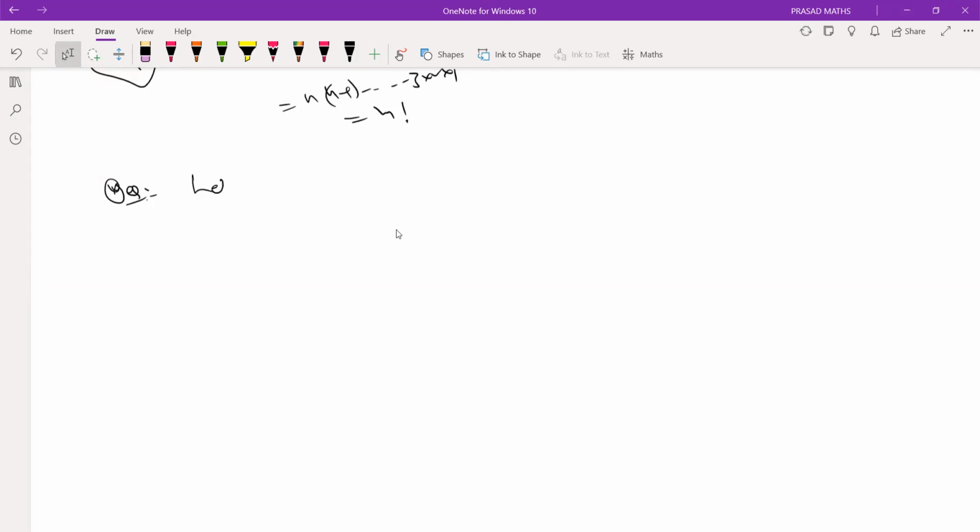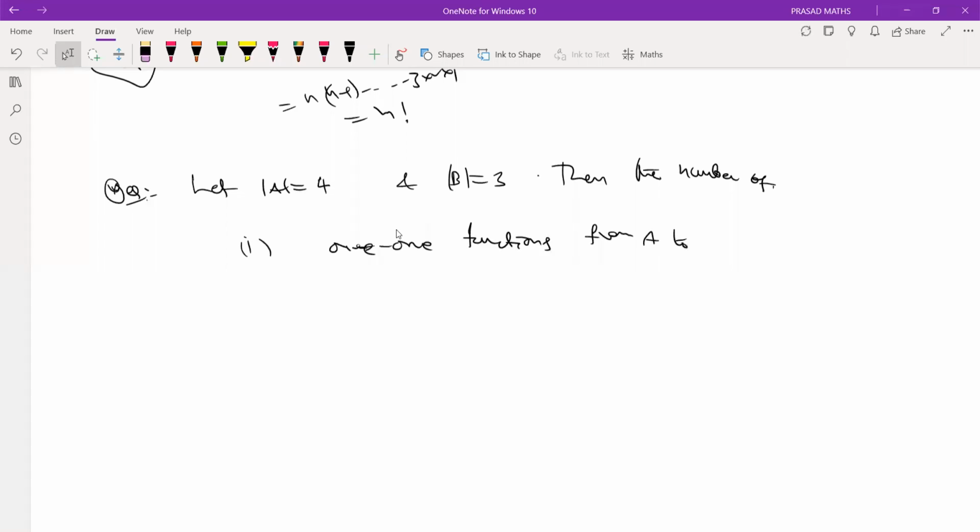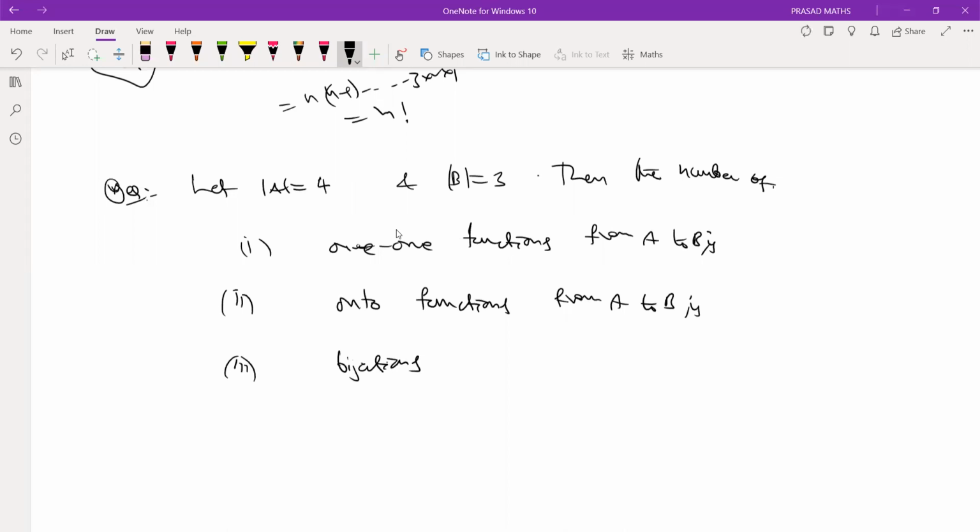In the previous problem, actually how it was asked is: the cardinality of A is 4, if the cardinality of B is 3, then the number of one-one functions from A to B, the number of onto functions from A to B, the number of bijections from A to B, the number of not onto functions, not one-one functions.